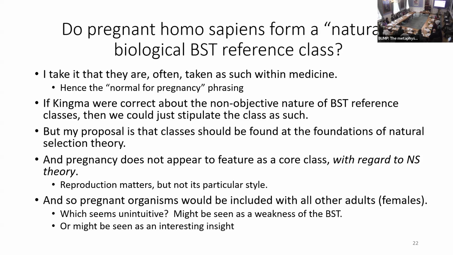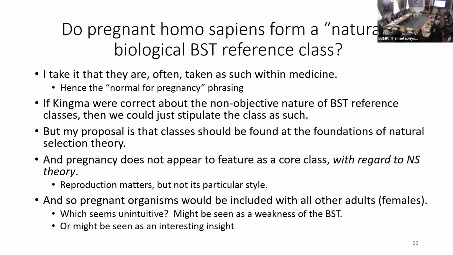I think pregnancy doesn't feature as a core class. Reproduction matters to natural selection theory, but the style of reproduction doesn't matter. So if being pregnant doesn't appear as a foundational class, then pregnant organisms would be included with all other adult females. Now, I've got this as a question mark.